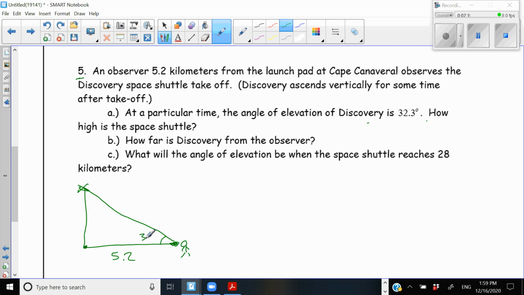The angle is 32.3. Once again, the angle of elevation is the angle made with the horizontal line to look at something on top. Okay, now it's asking how high is the shuttle. This is what I'm looking for. This is my angle, adjacent side.